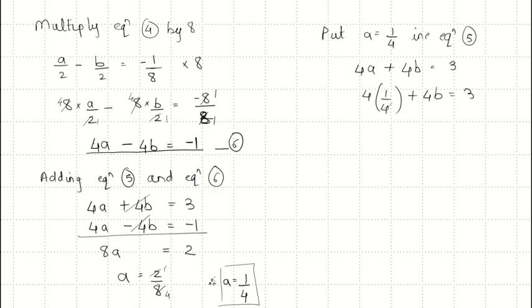So 4 ones are 4, 4 fours are 4 upon 4, so this is 1 plus 4b is equal to 3. So 4b is equal to 3, this plus 1 comes to the right hand side and becomes minus 1. 4b is equal to 2, b is equal to 2 upon 4. Therefore b is equal to 1 upon 2.